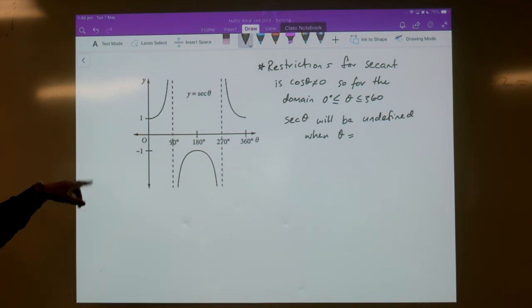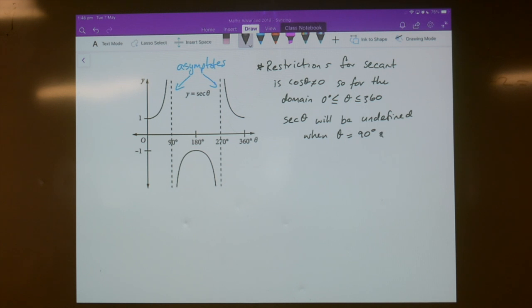Just where our dotted lines are. Where our asymptotes are, which is 90 degrees and 270. Okay.